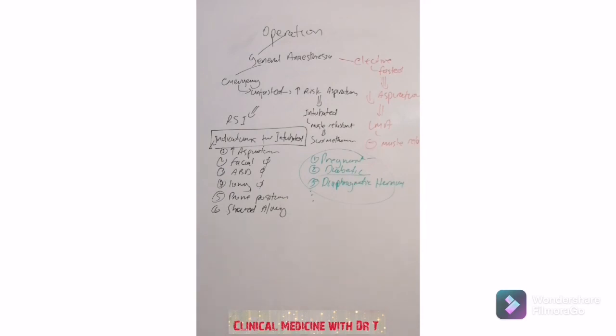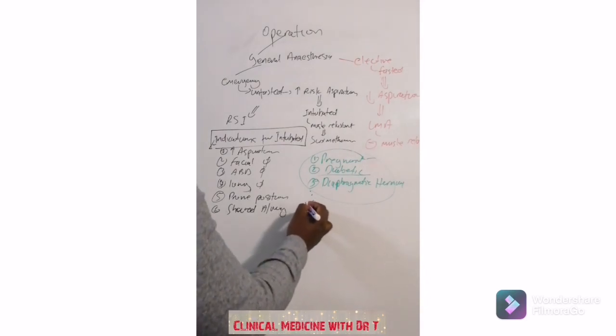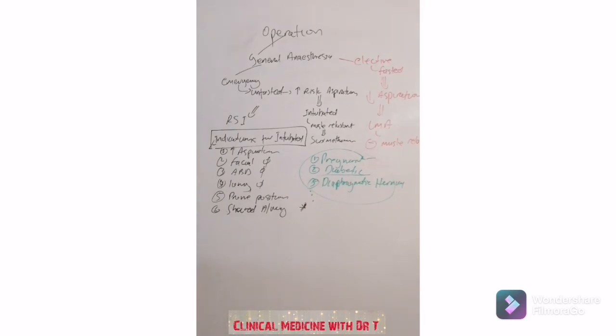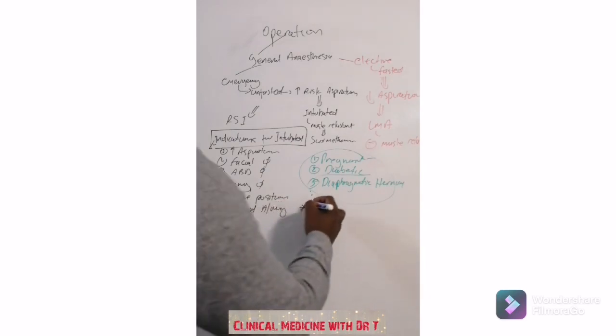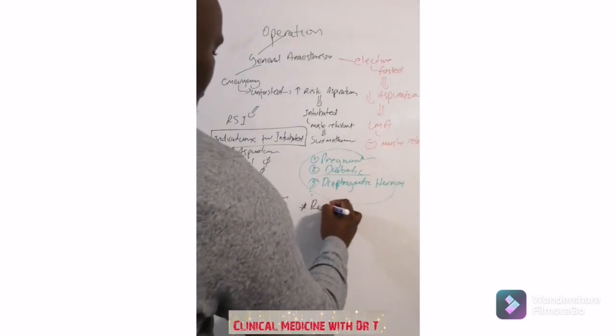Okay, let's talk about a patient who needs a GA, no risk for aspiration, but still needs a GA. Those kind of patients, you don't have to use suxamethonium. You can use a non-depolarizing muscle relaxant like rocuronium.